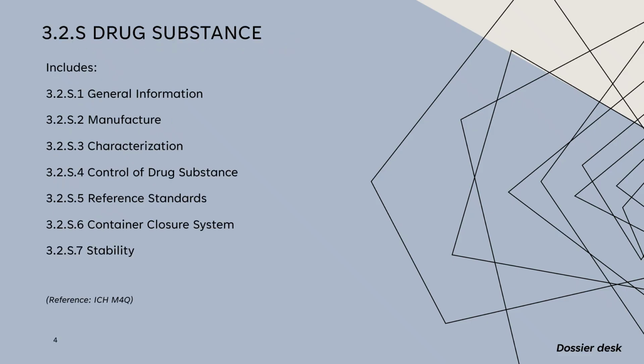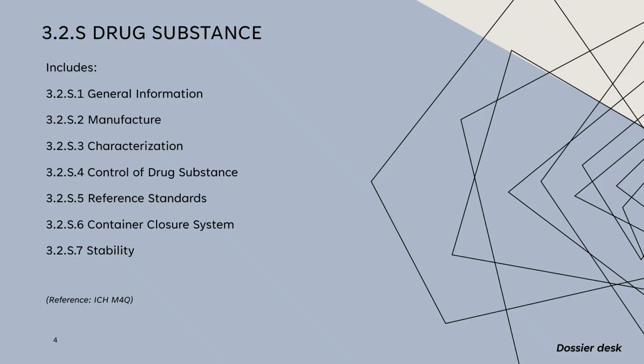In accordance with the ICH M4Q guideline, Section 3.2.S provides detailed information on the drug substance. Section 3.2.S.1 includes general information such as nomenclature, structure, and physicochemical properties.